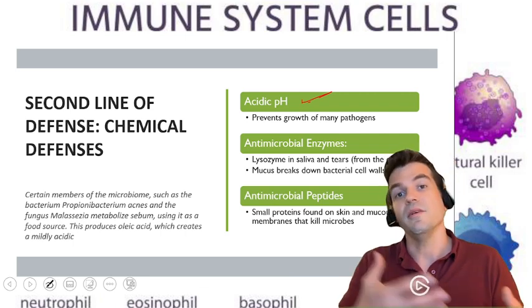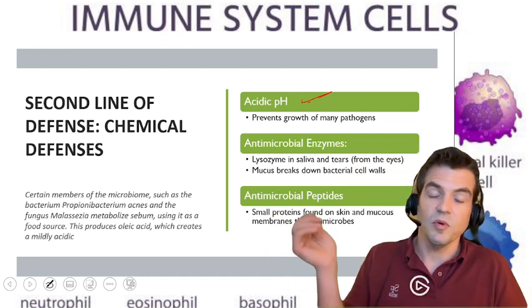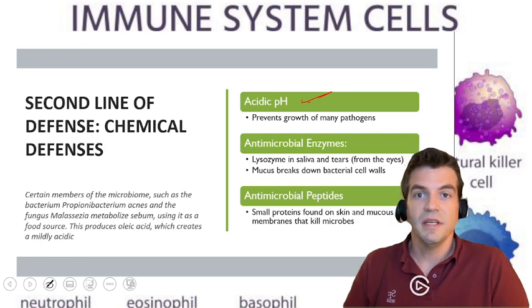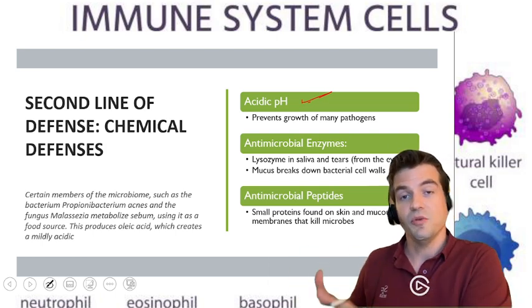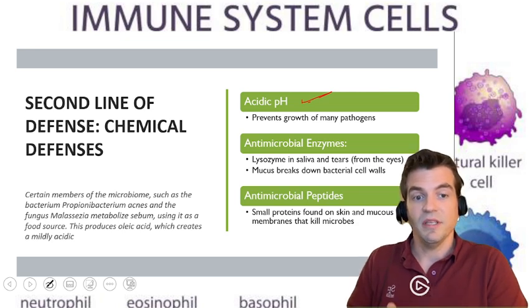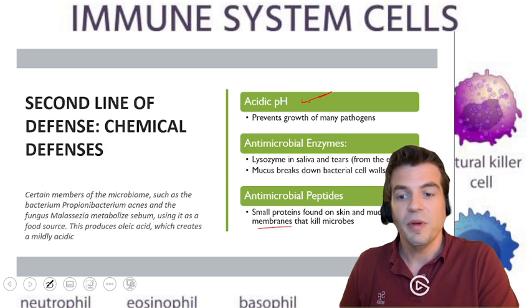So there'd be too much acid on the outside and those protons won't come in where we want them, and it'll destroy us. Okay, antimicrobial enzymes in lysozyme and mucus. So whereas mucus can also trap things physically, it can also have enzymes that break stuff down. Okay, and then antimicrobial peptides.